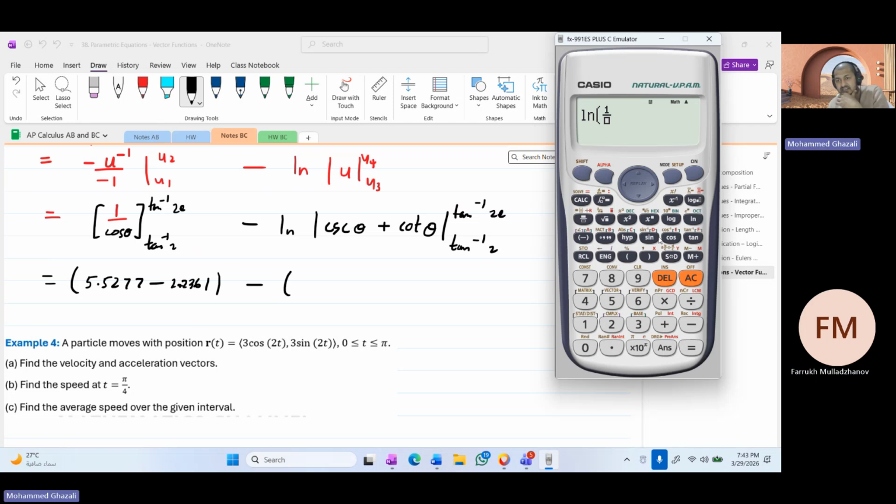So sine of tan inverse, shift tan inverse 2 alpha e, close brackets, and I'm going to close it again, plus cot, which is 1 over tan. Cot you can write as 1 over tan, and in the place of theta you're substituting tan inverse. So tan and tan inverse just cancel out. You're just going to get 2e in the denominator.